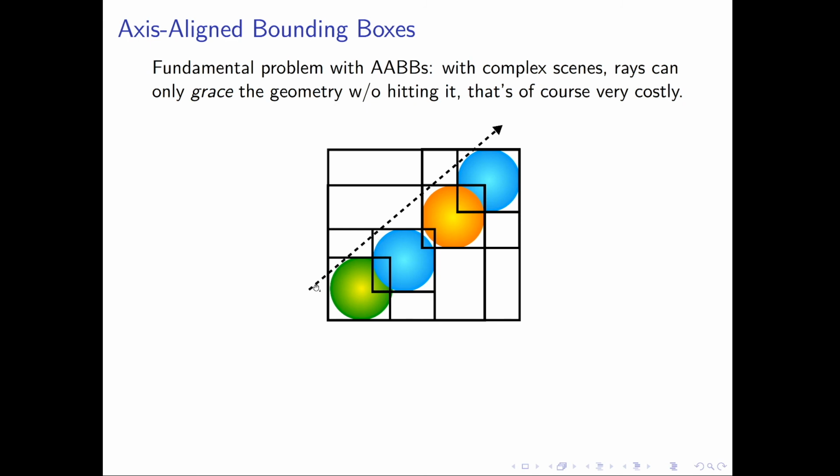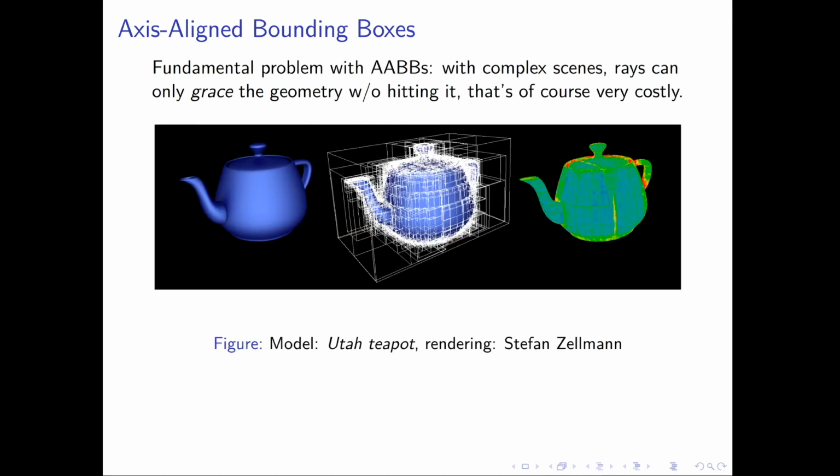This is a huge problem, so that there are certain rays that, depending on how they interact with the geometry, can result in highly expensive intersection tests.